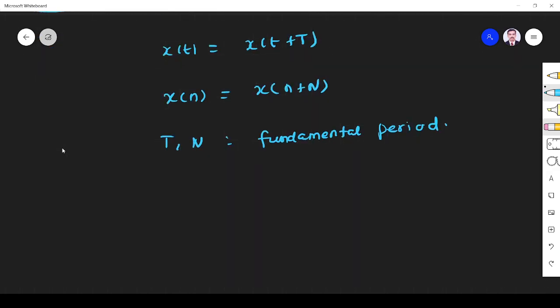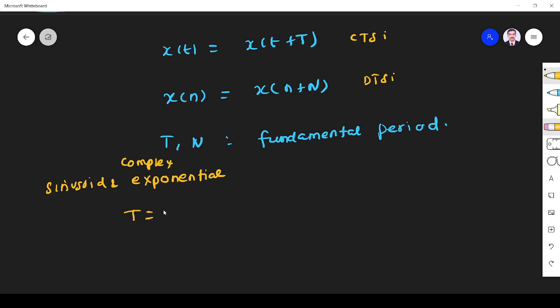If they ask to find the fundamental period, T is for continuous time signal, N is for discrete time signal. For continuous time signals, we will deal only with sinusoids and exponentials in the exam. Exponential means complex exponential.